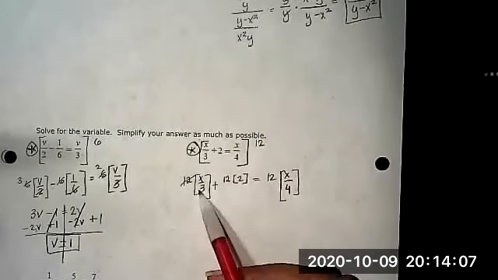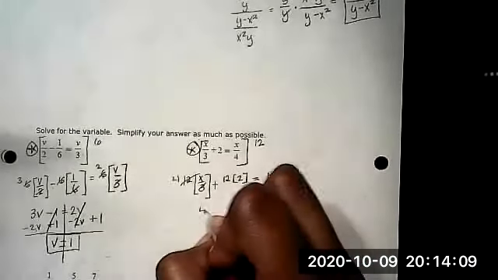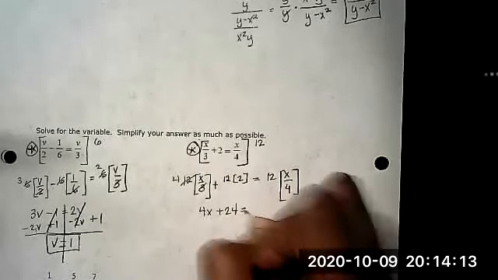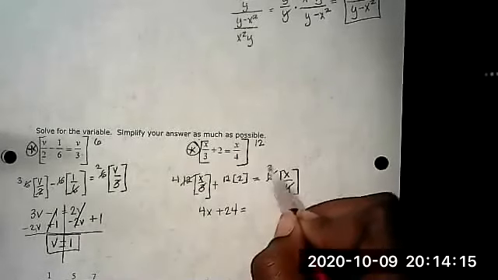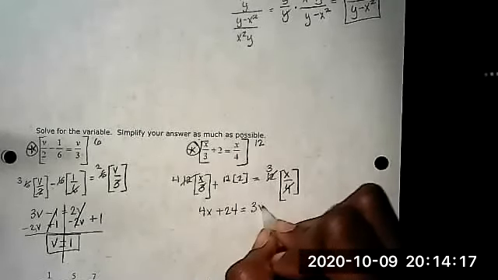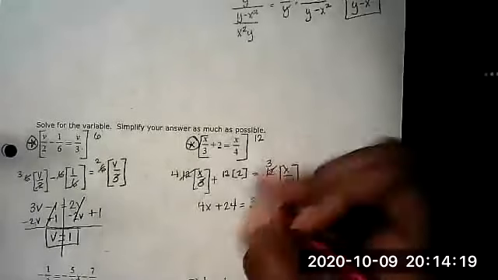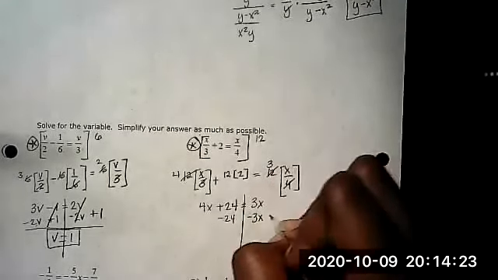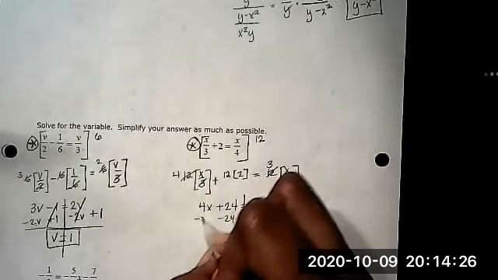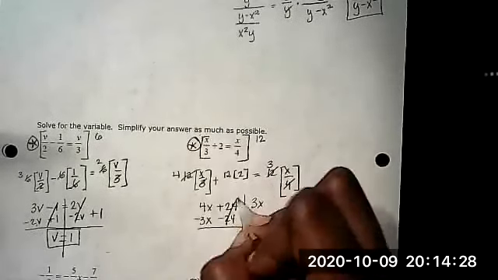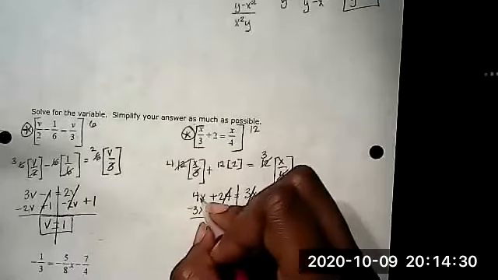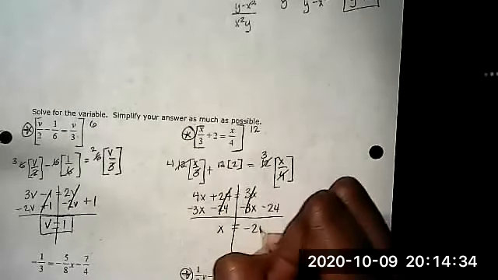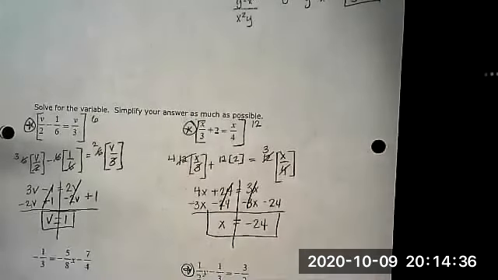This now becomes 4, so 4x. 12 times 2 is 24. And then this cancels out, that becomes 3, so 3x. Now I can subtract 3x, subtract 24. And this becomes 4x minus 3x is 1x, and that's equal to -24. That's your answer there.